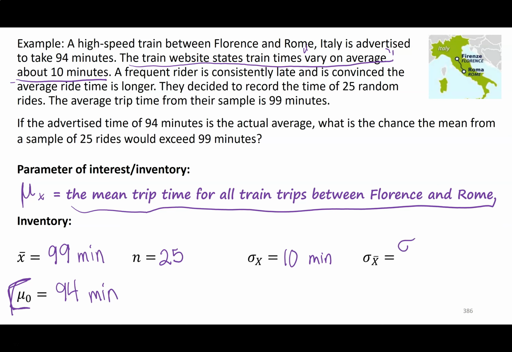If I want, I could calculate sigma of x bar, the standard deviation for the sampling distribution of x bar. That's sigma of x over square root of n. It's going to be friendly this time. It's going to be 10 over the square root of 25, which is a perfect square. It's going to be 10 over 5, which is 2 minutes. So that's handy.